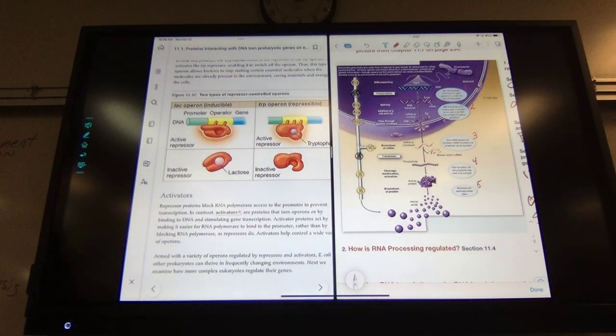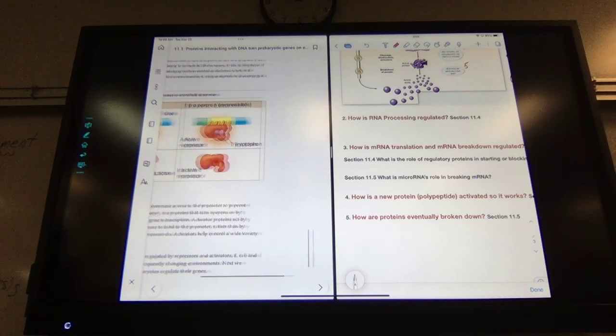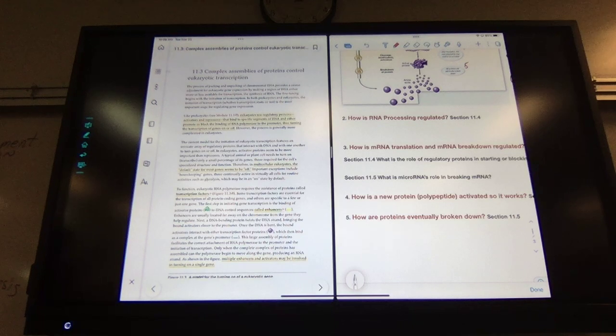Let's move on. Question number 2, or reason number 2, mechanism number 2, and we are now in section 4 in your notes.